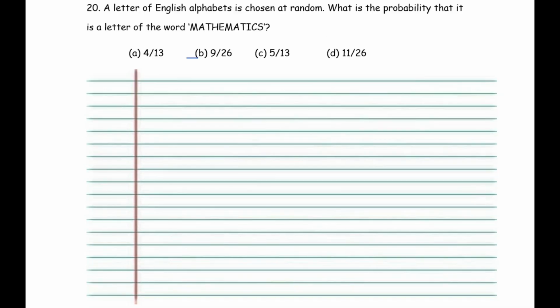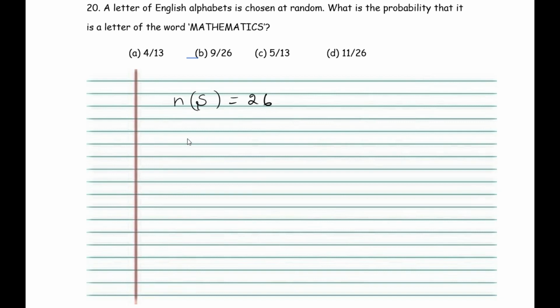Students, now moving to question number 20. A letter of the English alphabet is chosen at random. What is the probability that it is a letter of the word mathematics? Now, how many letters are there in the English alphabet? The total number of letters, A to Z, is 26.